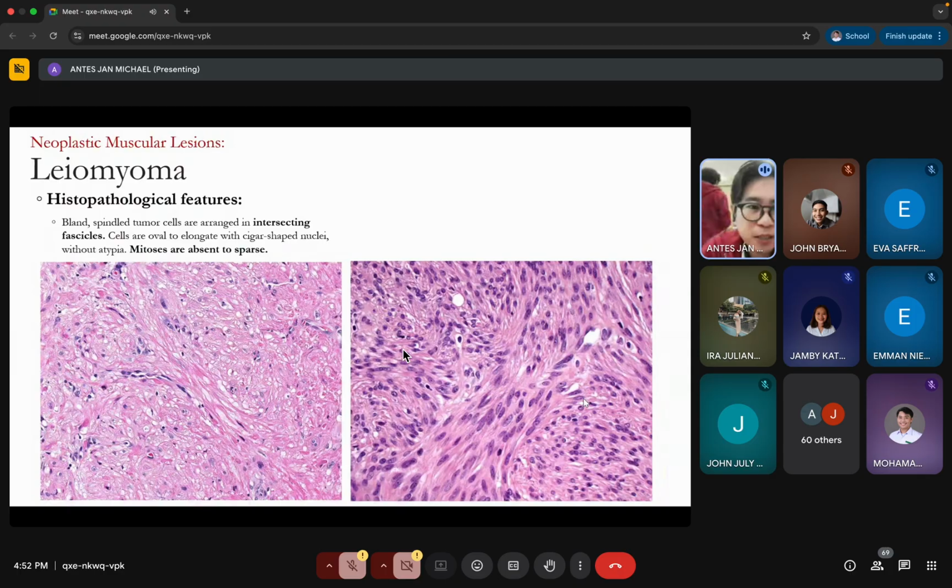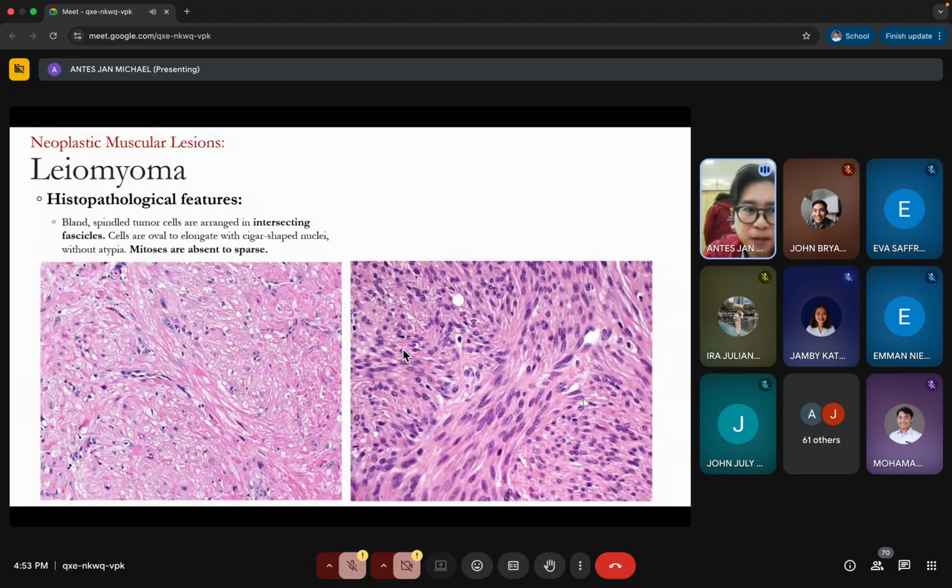If we see some atypia or pleomorphism, that's the time you may consider this a leiomyosarcoma. But as you can see here, even though the nuclei are elongated, they have similar shape, similar size, and similar density of color.